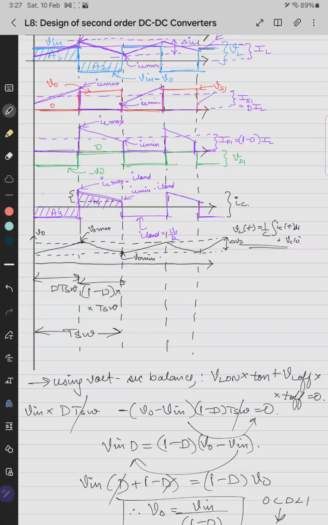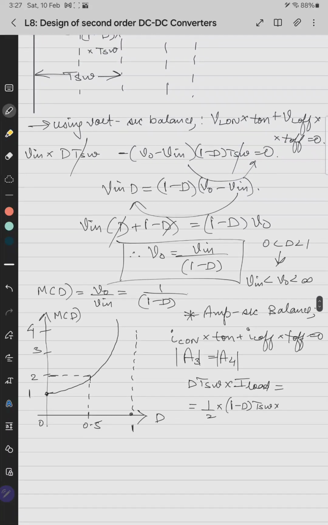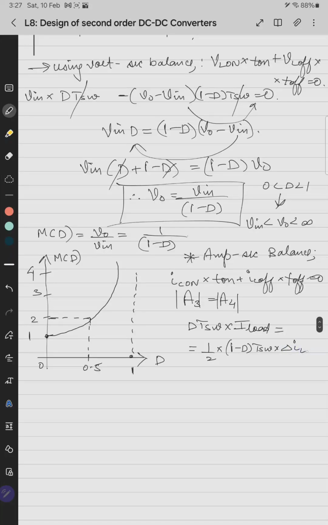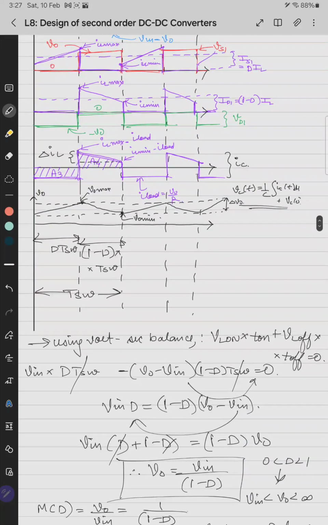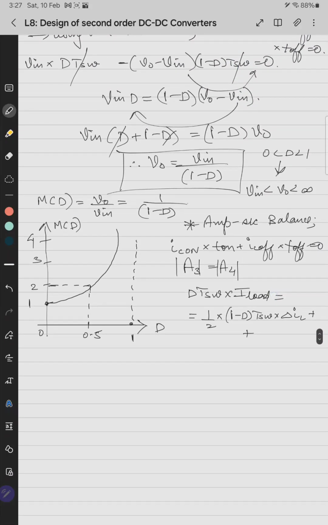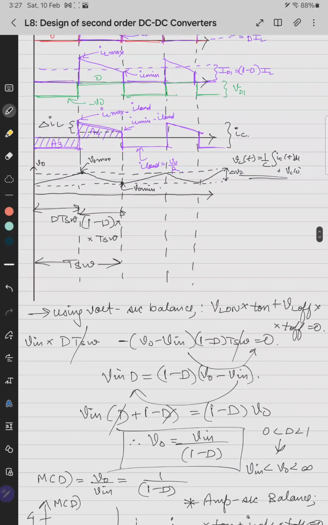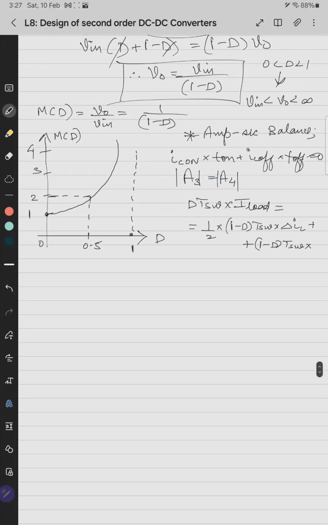This is delta IL. Plus the area of the rectangle, length into breadth. So 1 minus d into t switching into what is this remaining part? It is IL minimum minus I load.